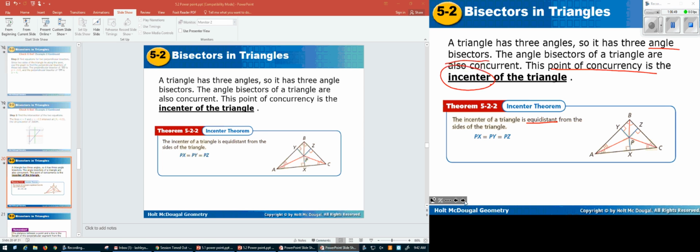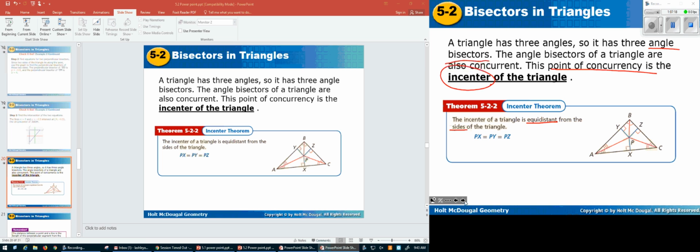So it's not going to be equidistant to the vertices. It's going to be equidistant to the sides. Okay, so if I draw this in, I'm going to go from the incenter over to each side, but I'm always going to draw that perpendicularly. So this distance, and this distance are going to be the same. Here, here, and here. Drawn perpendicularly.